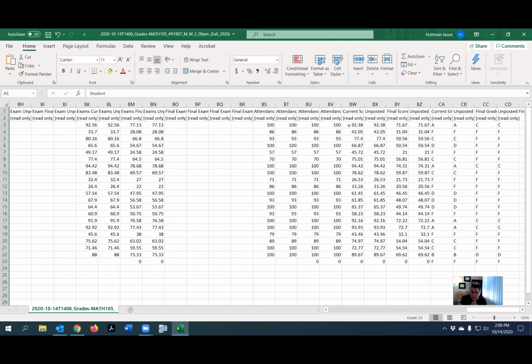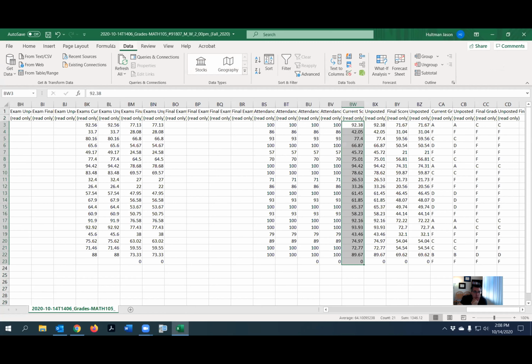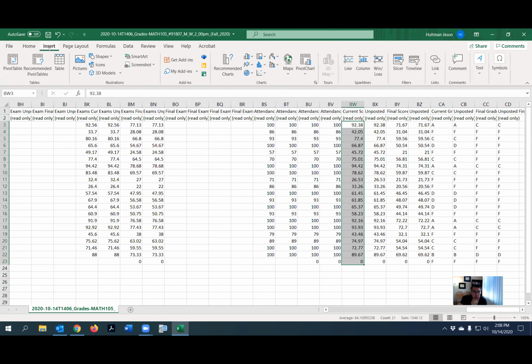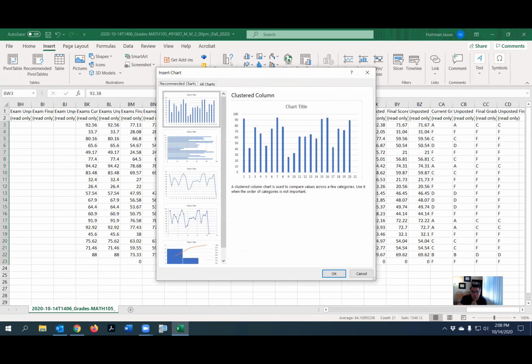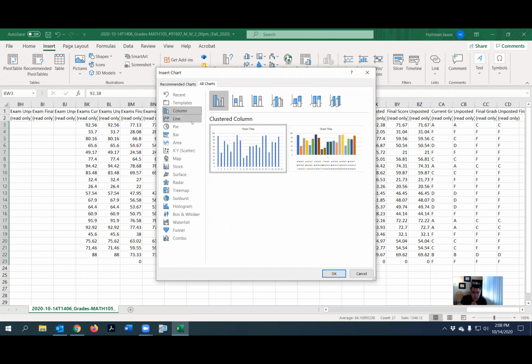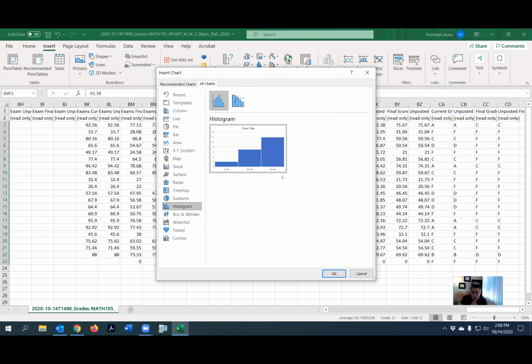Okay, so I'm gonna highlight this one. I'm gonna go to the insert, and I want a chart. I'm gonna go to my recommended charts here. Well, I actually want a histogram for this. Let's see a histogram here.